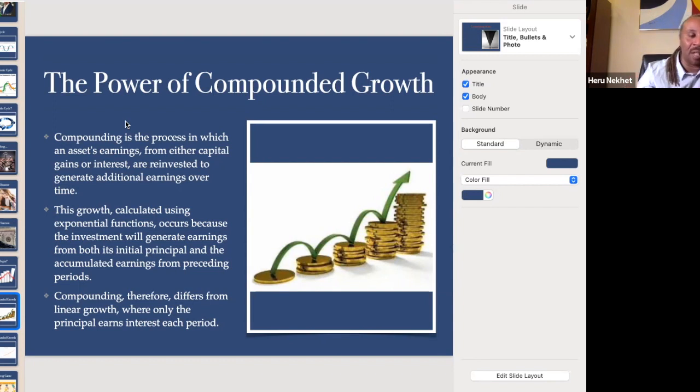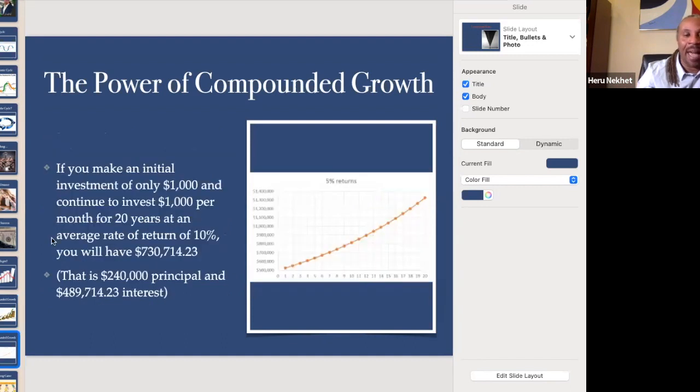But if I had $1,000, right, and I can invest another $1,000 every month for 20 years at an average return of 10%, in 20 years, that adds up to $730,714.23, right? But that's on $240,000 principal.